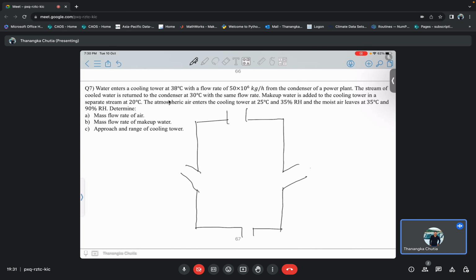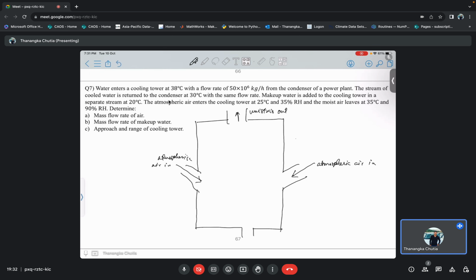Okay, so atmospheric air in, and moist air out.